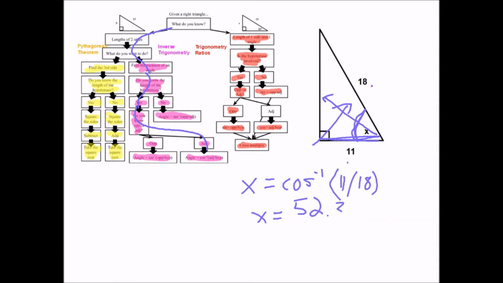Nothing's there, so we're given adjacent. So angle x is inverse cosine of adjacent 11 over hypotenuse 18. And if you do that, second cos on your calculator, you get 52.3 rounded to the nearest tenth.